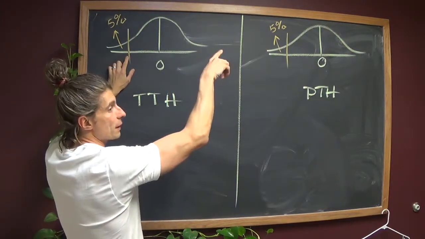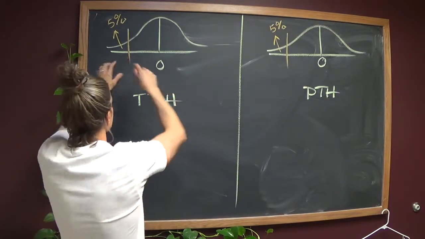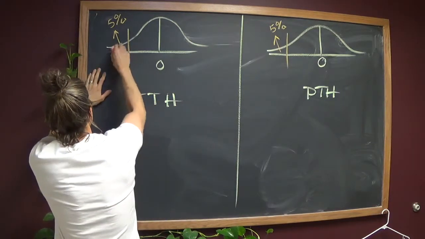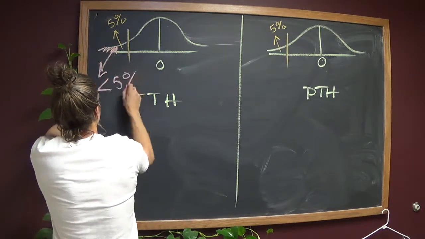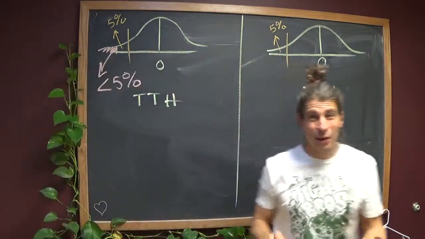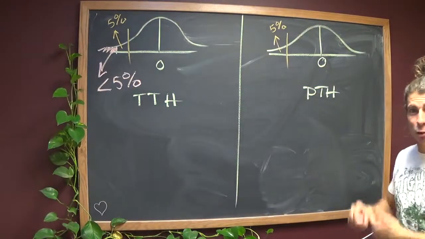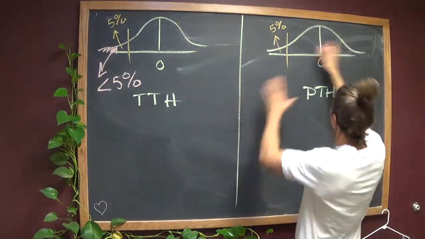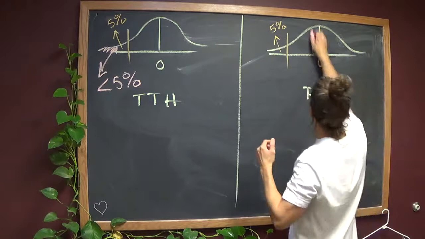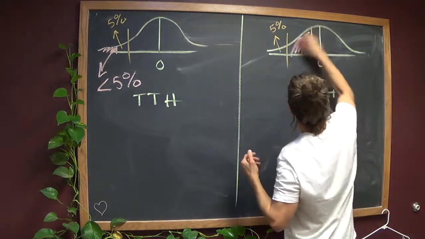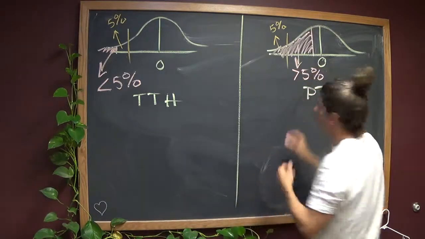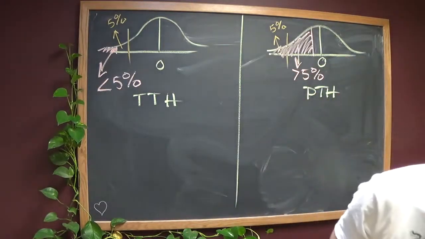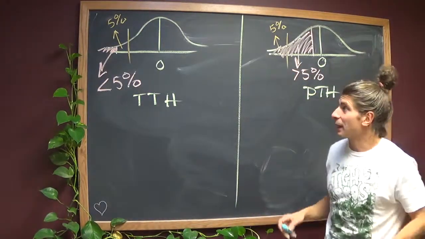If I know the p-value for the tension type headaches was less than 5%, I know it's going to have to be somewhere over here. And if I know for the post-traumatic headaches it's greater than 5%, it's going to have to be somewhere in this part of the curve, and I don't know where. I'll just slap it here. I don't exactly know where, and it doesn't matter. The important thing is, where is it with respect to that cutoff?